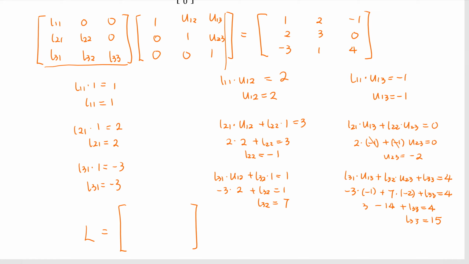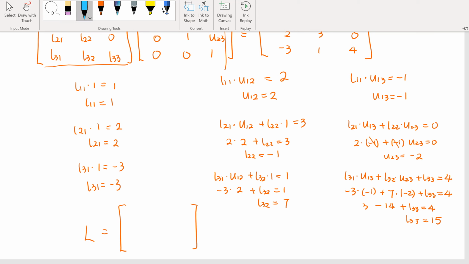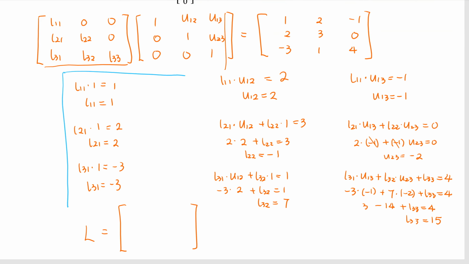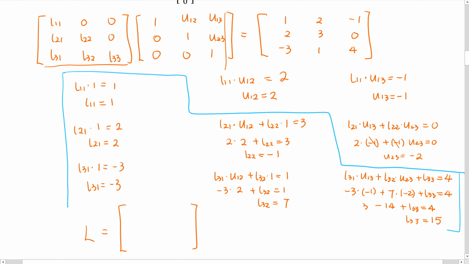So what is L? Well, what is the line that separates them? Okay, L is the spots that separate them. Okay, what is L? Well, this is 1, and then zeros, 2, minus 1, 0, minus 3, 7, and 15.